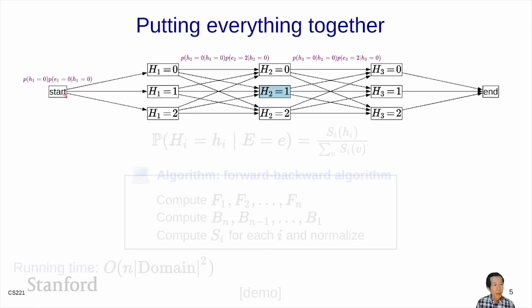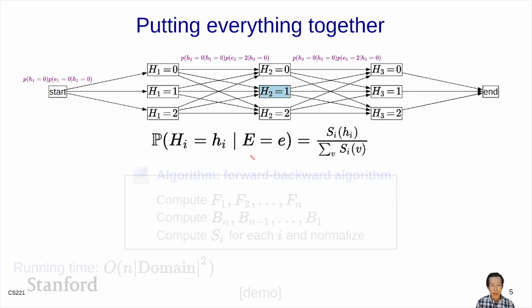So now we're almost done. We can take these S_i's and normalize them over all possible other values that h_i could take. And that gives us exactly the probability of h_i equals h_i given the evidence. And this is exactly the smoothing quantity that we're looking for: what is the probability of H_2 equals 1 conditioned on evidence?